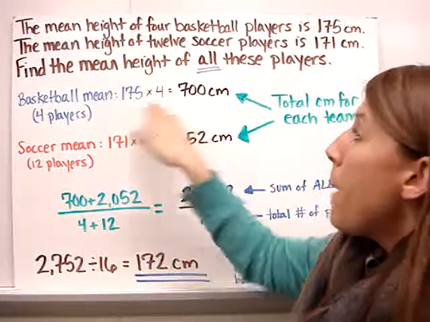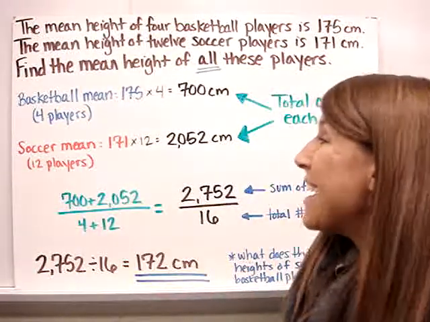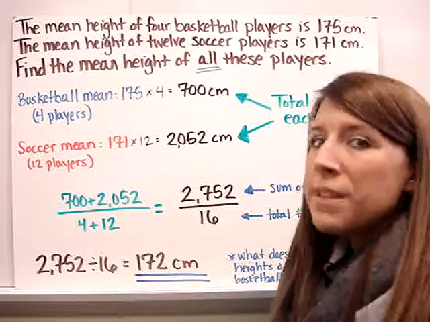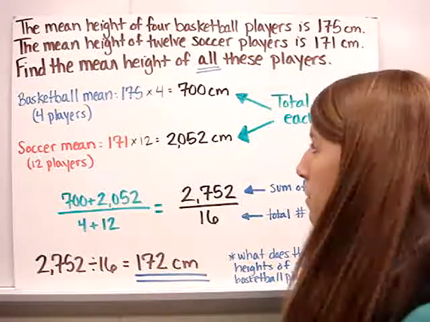So total, no matter what their heights are, I've got 700 centimeters worth of basketball player and 2,052 centimeters worth of soccer players, because there are 12 soccer players and their average height is 171 centimeters.